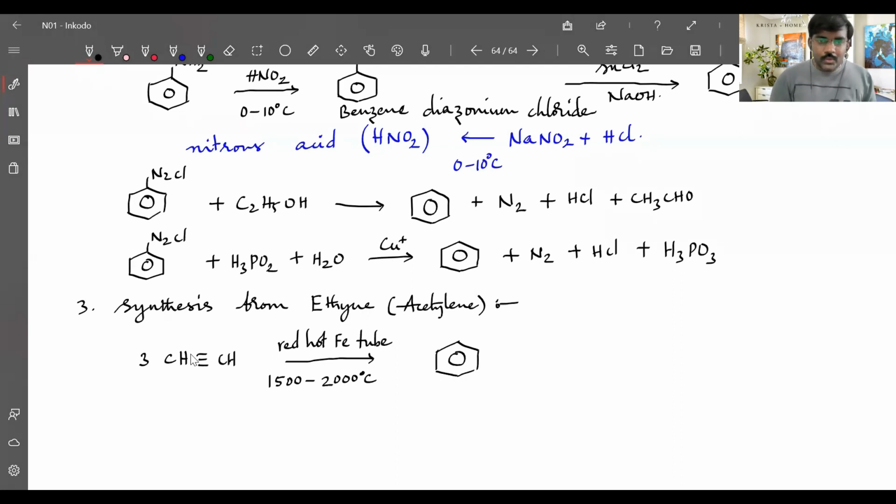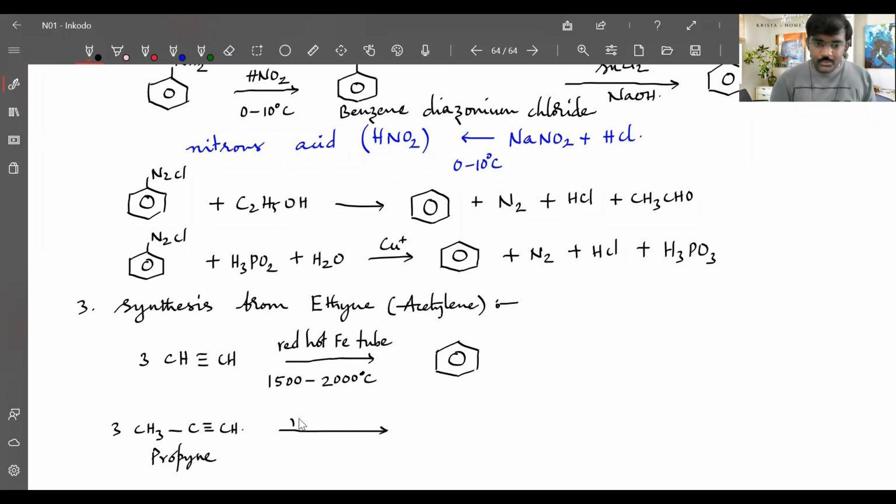So that is one important method, from acetylene we can do it like this. Suppose in place of acetylene I take this compound, propyne. If I apply this method for propyne, there also a benzene derivative will come.